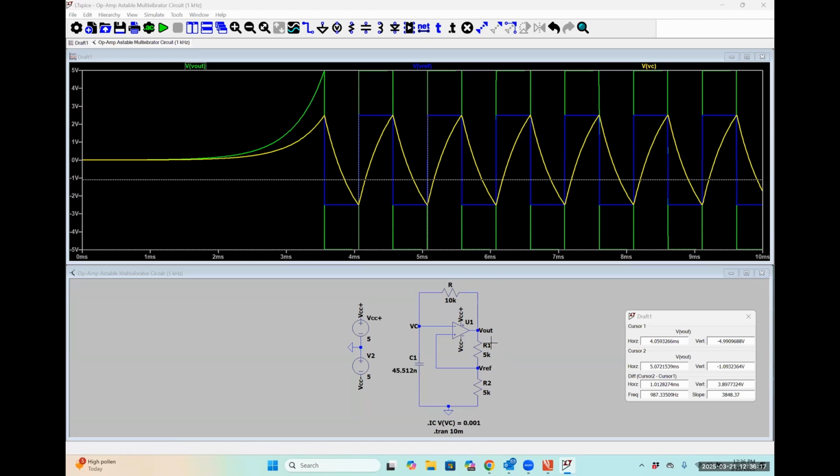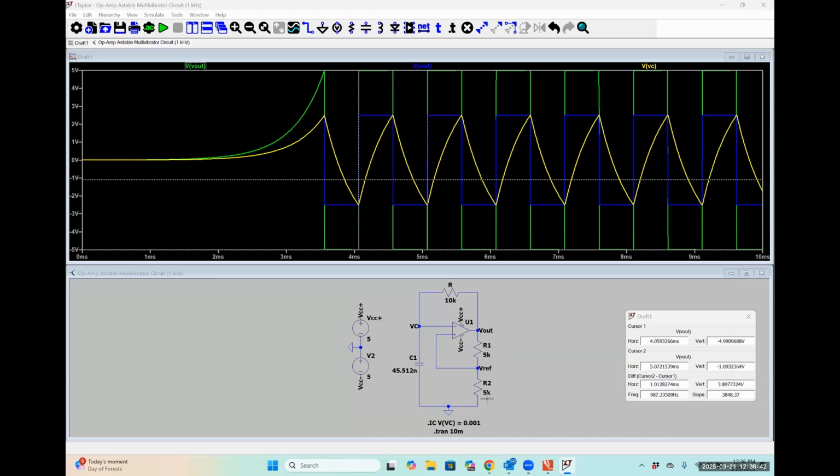So if we have 5 volts here, and then there are 2 identical resistors on its path towards ground, the reference voltage is just the voltage drop over this resistor R2, which is just going to be half of VCC plus. We could play around with those values of R1 and R2, and I'll show you where the math for that is.